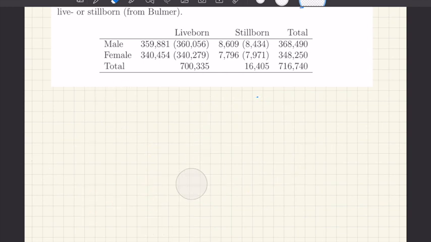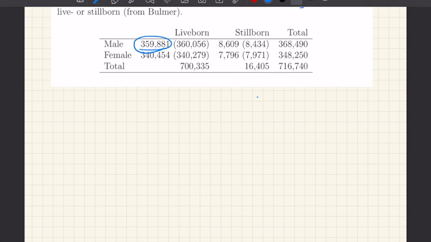So how can we check this? If they are independent, then this probability, male and live born, should be expressed as the product of the probability of male times the probability of live born, right?